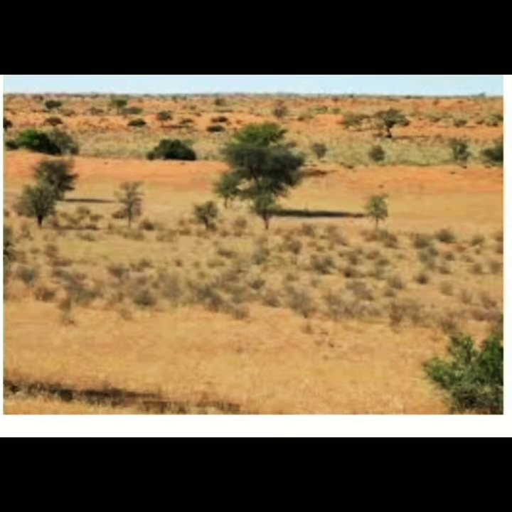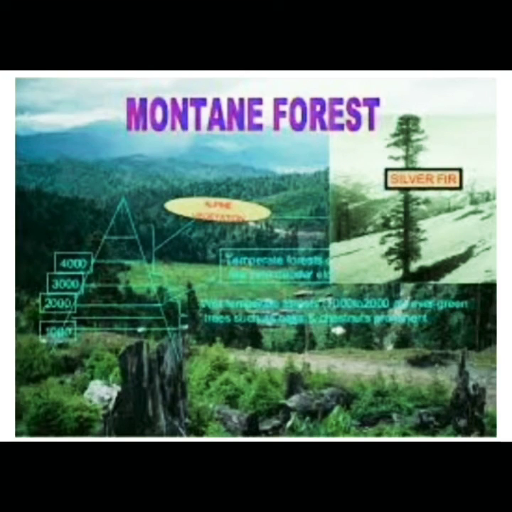The lowermost is the wet temperate. You have evergreen broadleaf trees like oak and chestnut seen above it in the mountain forest. The common conifers are pine, deodar, spruce and cedar, commonly seen in the southern Himalayas and northeast India.